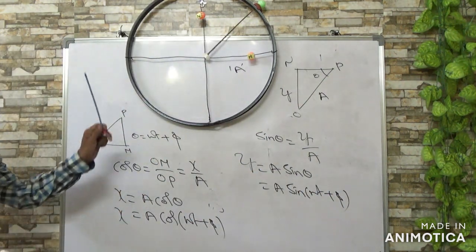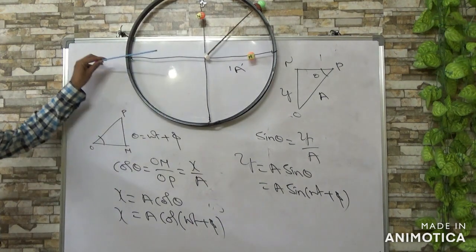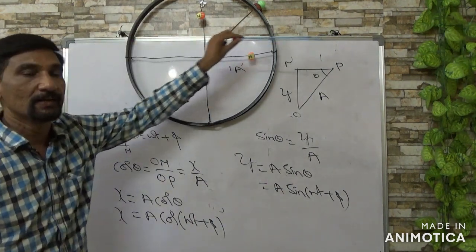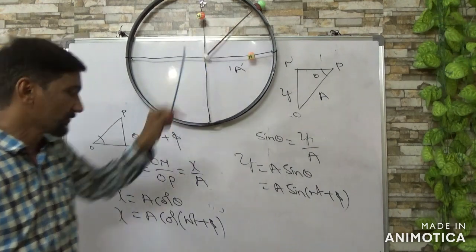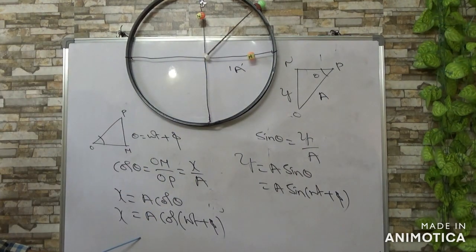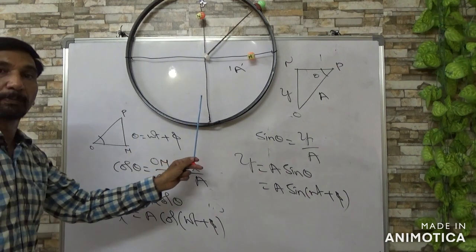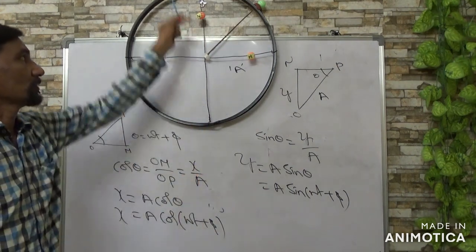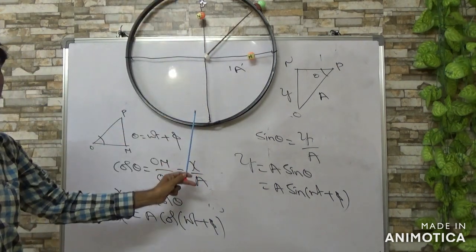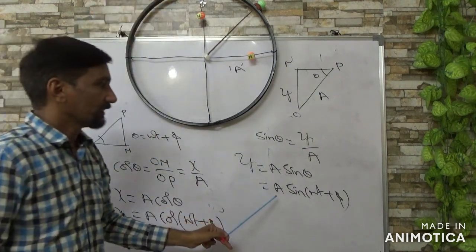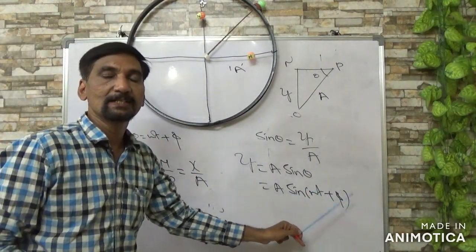When the particle is projected on the diameter of the circle along the x direction, this is the displacement, A cos of omega t plus phi. When projected along the diameter in the y direction, it is A sin of omega t plus phi.